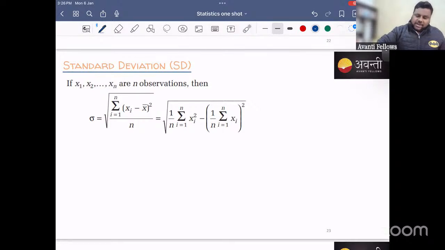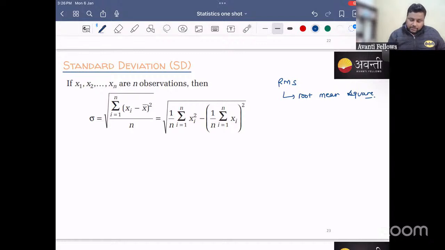So they started using RMS, what we call root mean square, as another way to find the deviation.